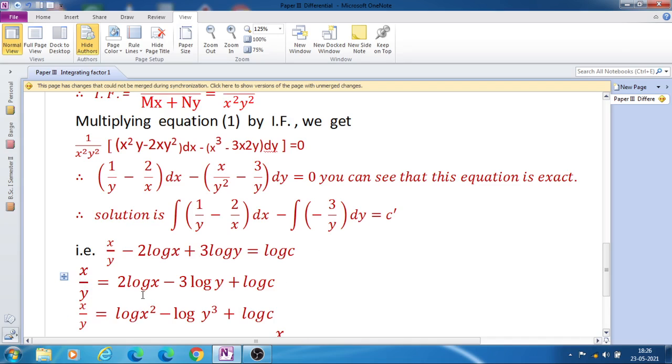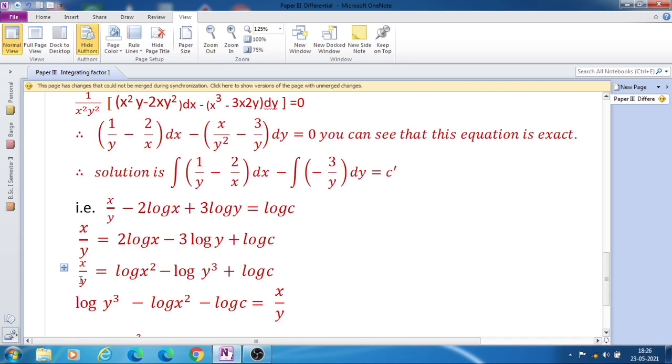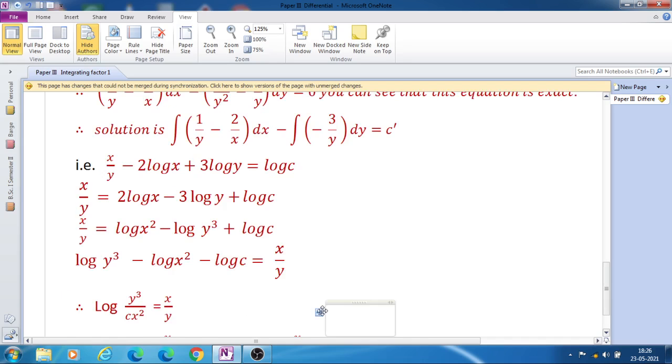Here you know the rules of logarithm. This is nothing but log x square, and this is nothing but log y cube. Now here is subtraction of logarithm. We have taken this x upon y to the right hand side, and here is subtraction of logarithm.